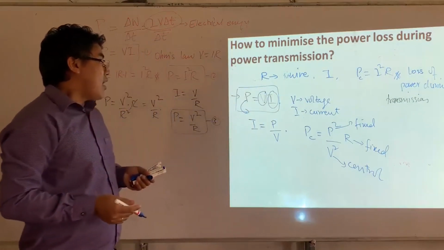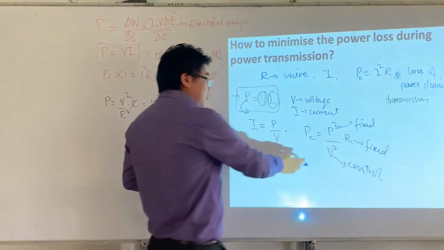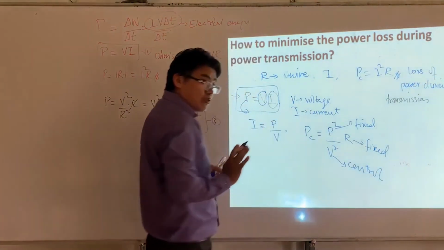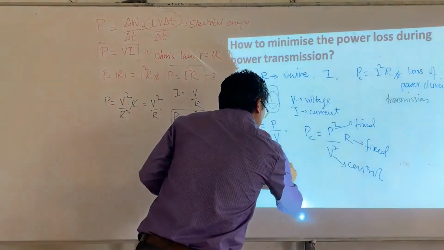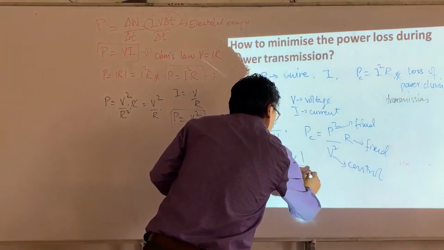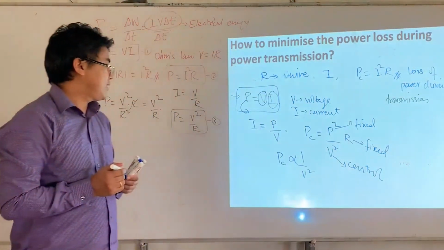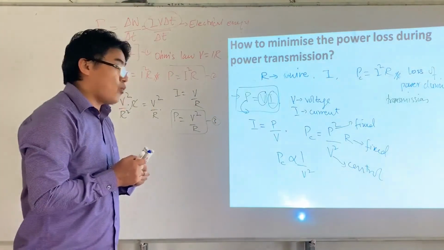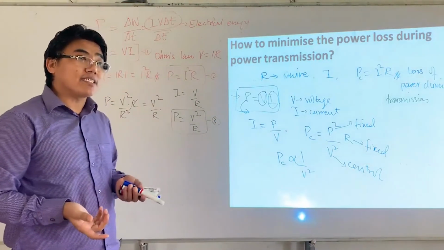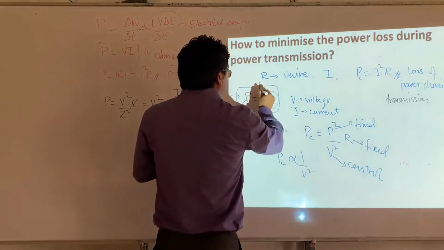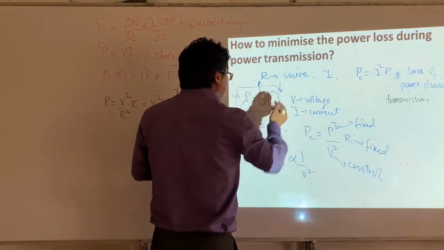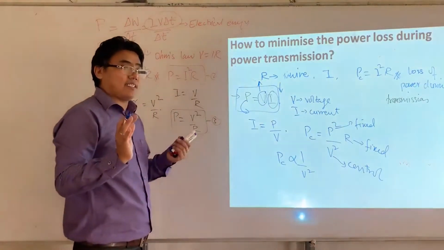If I increase V, the power loss is going to decrease. Look at here, the power loss is 1 by V square. If I increase V, the power loss is going to decrease. And if I increase V, then I has to decrease, because P is constant.